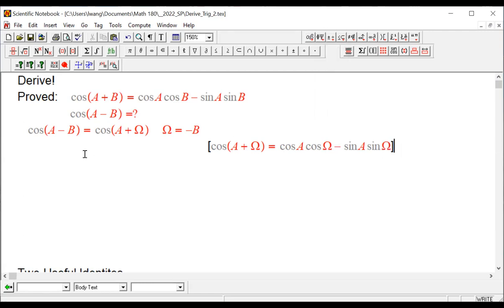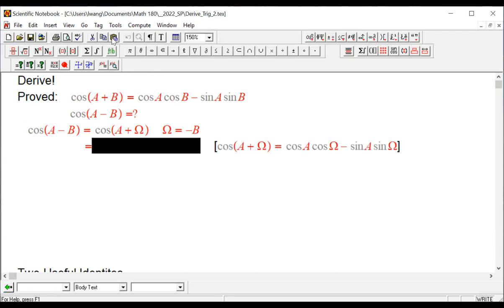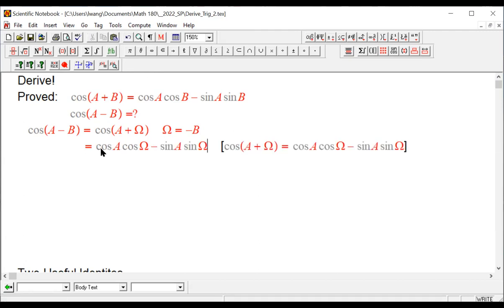So we use cosine A plus omega and substitute it into this formula. We get cosine A plus omega. Since omega is negative B, we're going to replace omega by negative B.